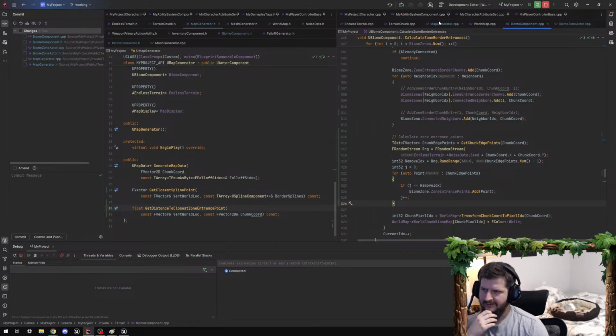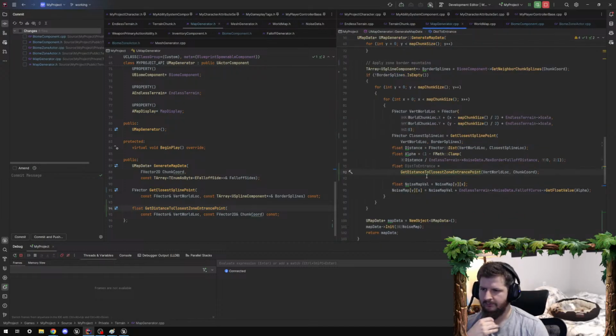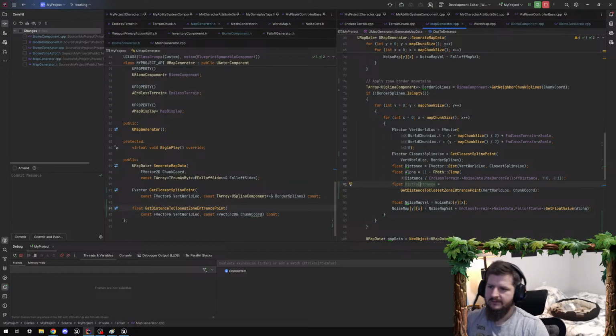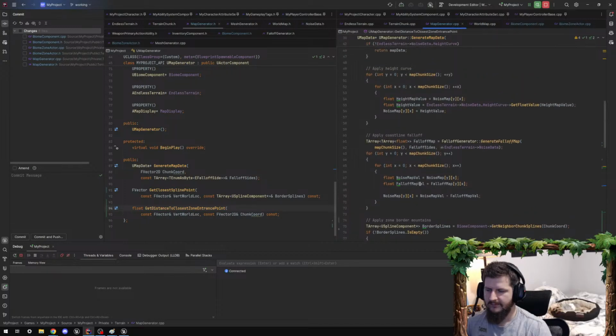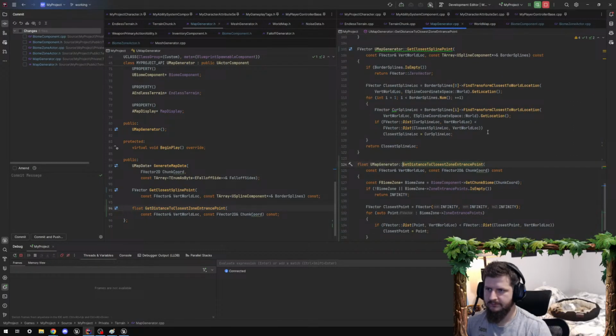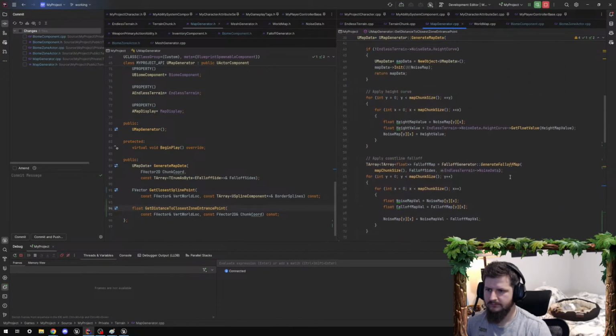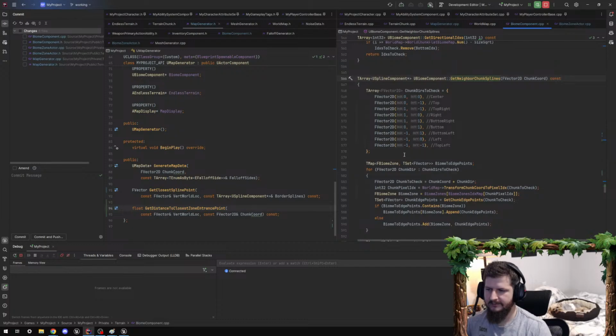Yeah, what I was looking into was adding these zone entrance points to the neighbor that it borders, because I will need to. It's not just going to be this chunk coordinate. I need to get the neighbor coordinate stuff as well. So it's going to need to be something like this.